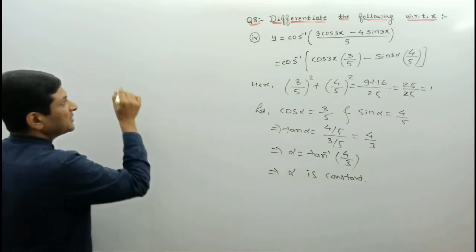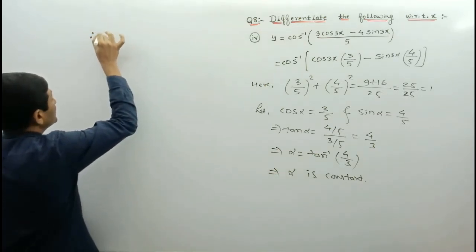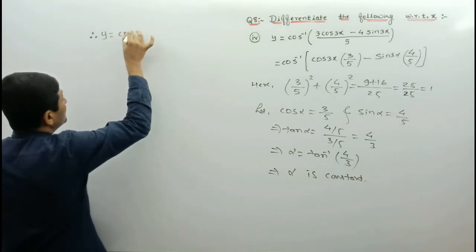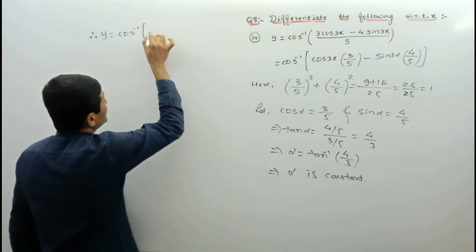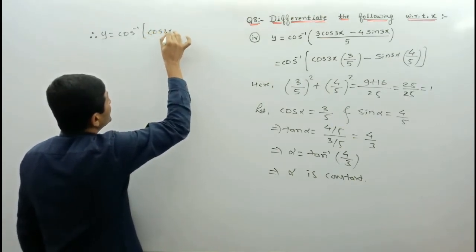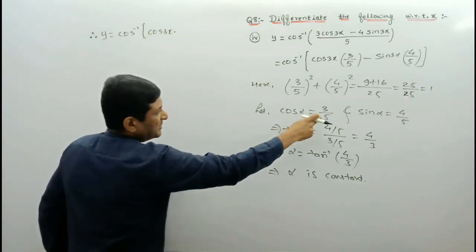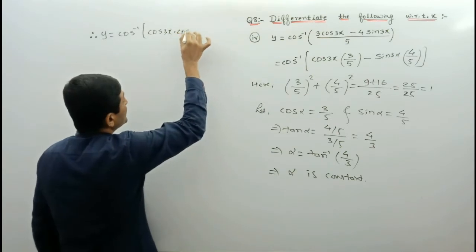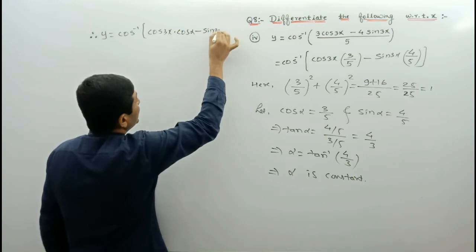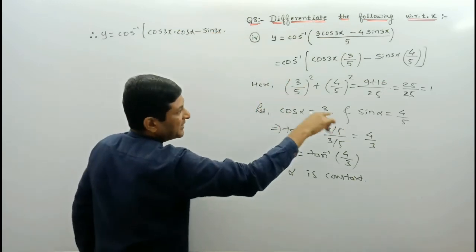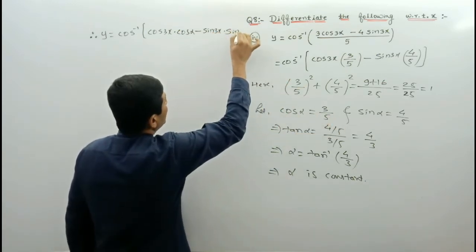Now we are substituting all these values in our function. So what is our function? Y is equal to cos inverse of cos 3x into 3 by 5, but 3 by 5 we are denoting by cos alpha, minus sin 3x into 4 by 5, I am denoting by sin alpha.